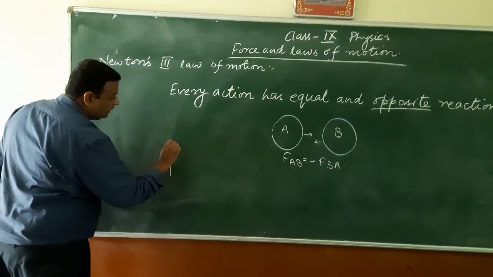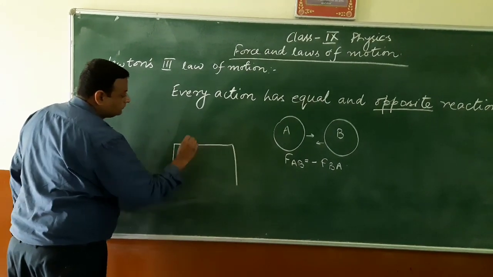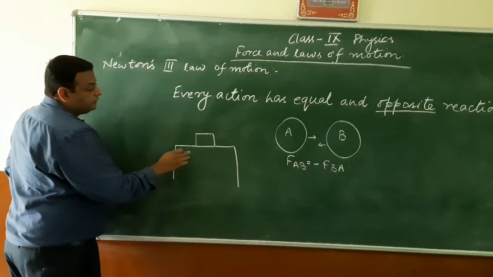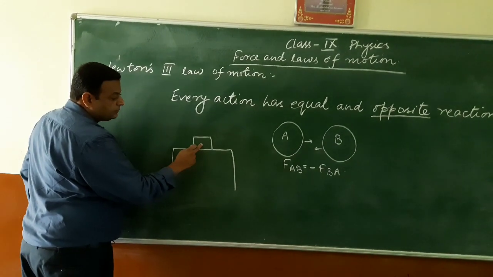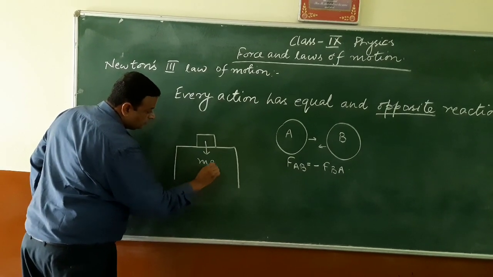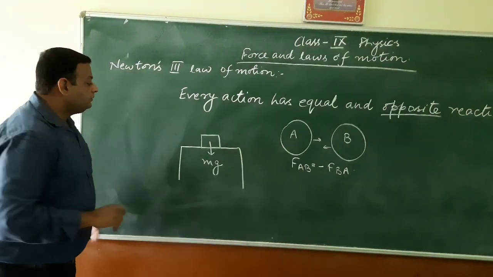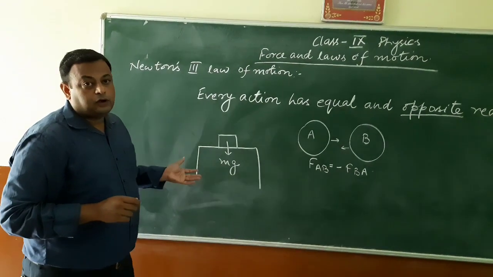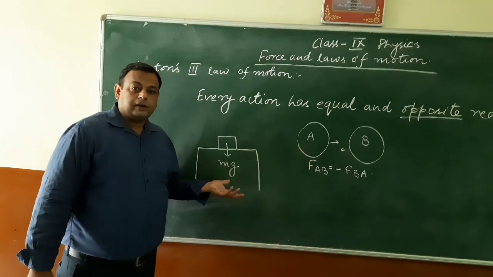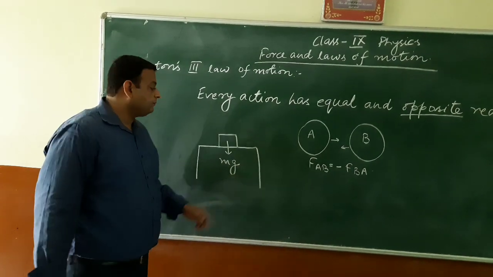Similarly, if we have a table, an object is lying on the table, then the force exerted by the object on the table is equal to mg, which is also equal to the weight of the object. The weight of any object is equal to the force applied, this is equal to mg.